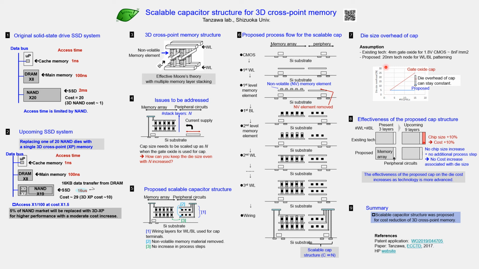And the assumptions are: existing technology is 4 nanometer gate oxide for 1.8 volt CMOS, which has a capacitor density of 8 nanofarad per millimeter squared. For the proposed capacitor structure, we assume a 20 nanometer technology node for word line and bit line patterning.